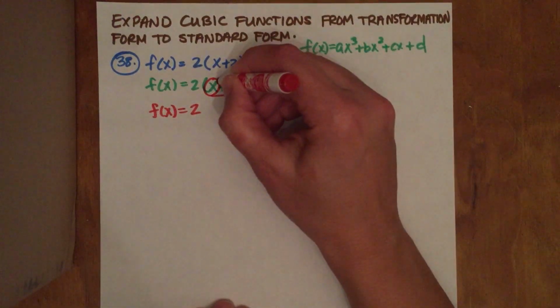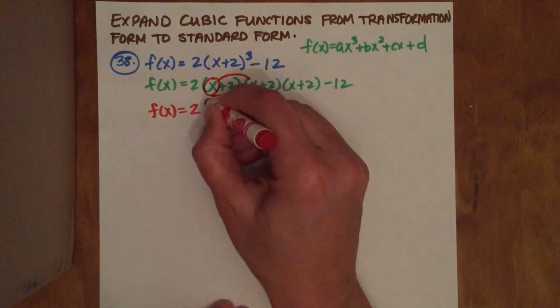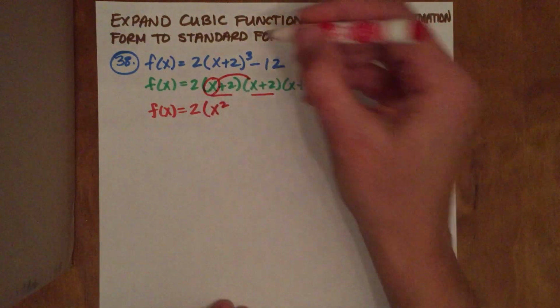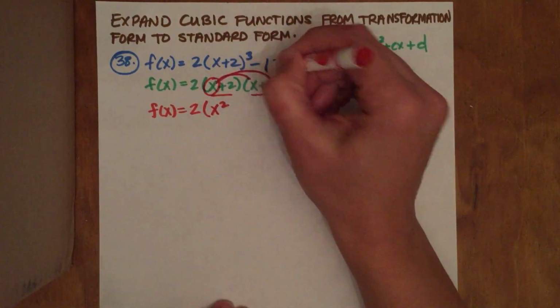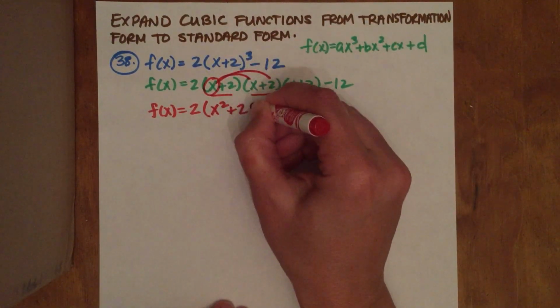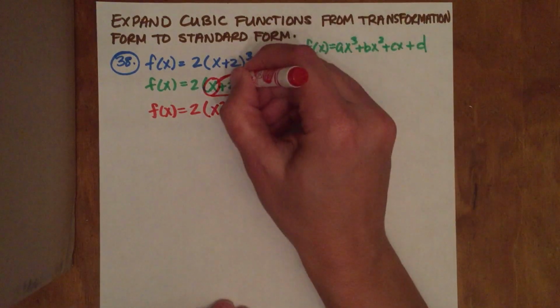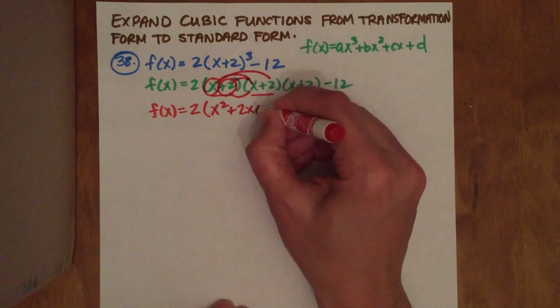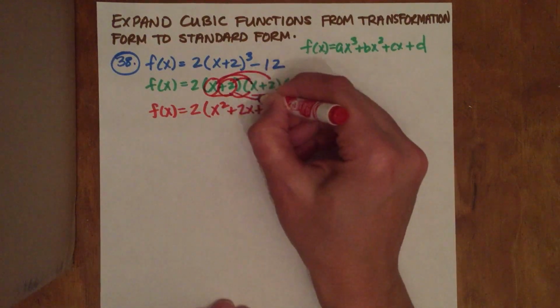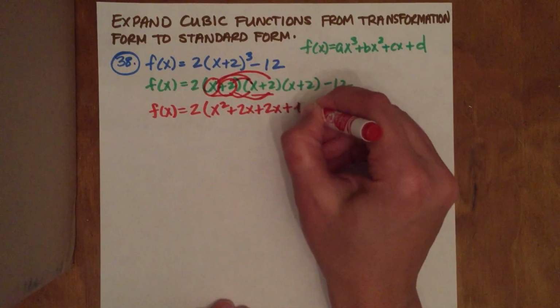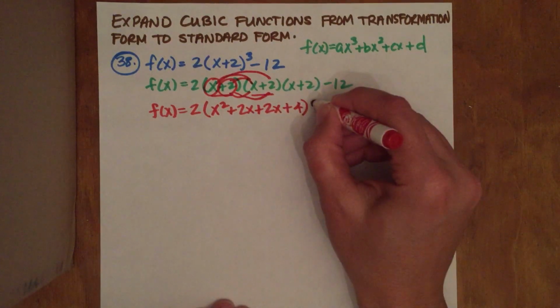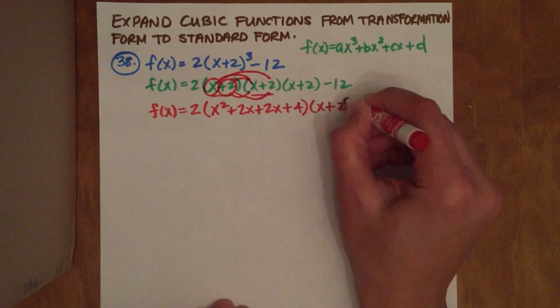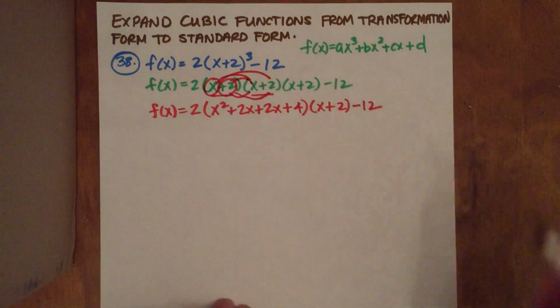I'm going to take this. x times x is x squared. x times 2 is 2x. Now let's do the other one: positive 2. 2 times x is 2x, and 2 times 2 is 4. And we still have the x plus 2 and the minus 12.